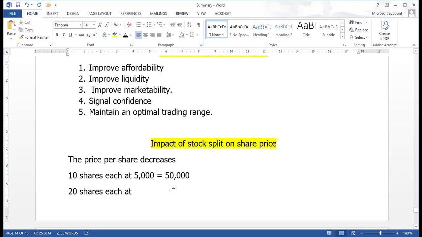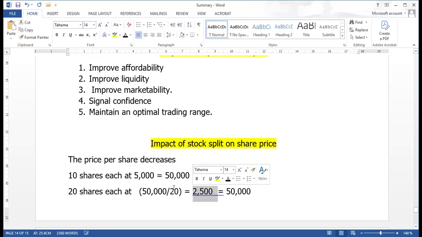You want to maintain the value as 50,000, so to maintain it, the price has to reduce. You are getting 50,000, you are dividing it by 20. So it is reducing to what? Who can tell me? 2,500. So each will be 2,500.